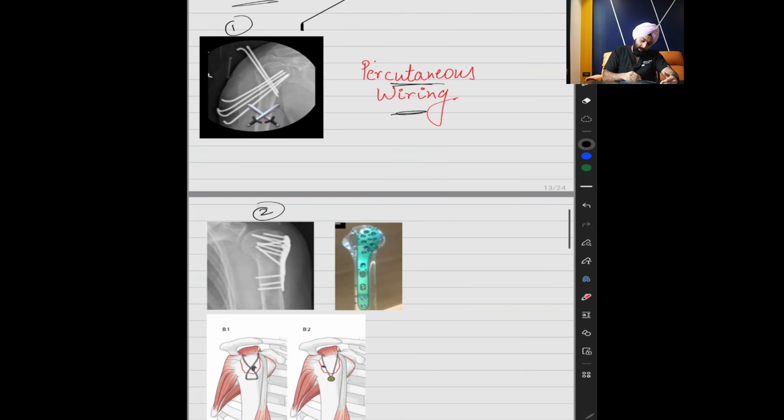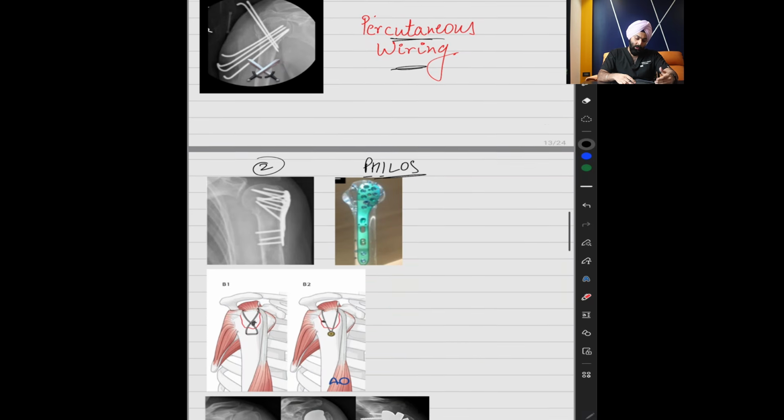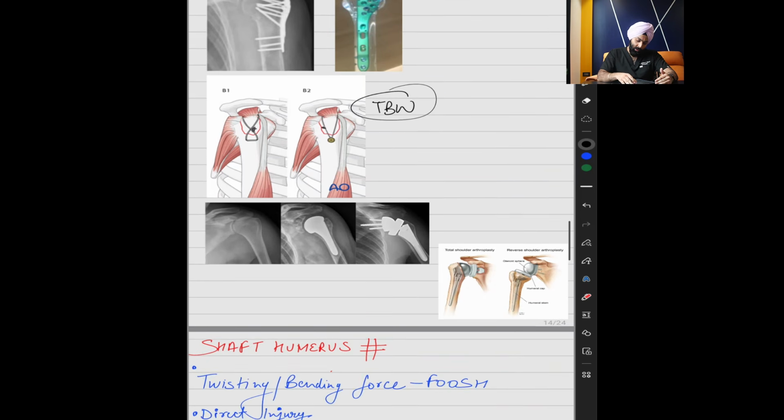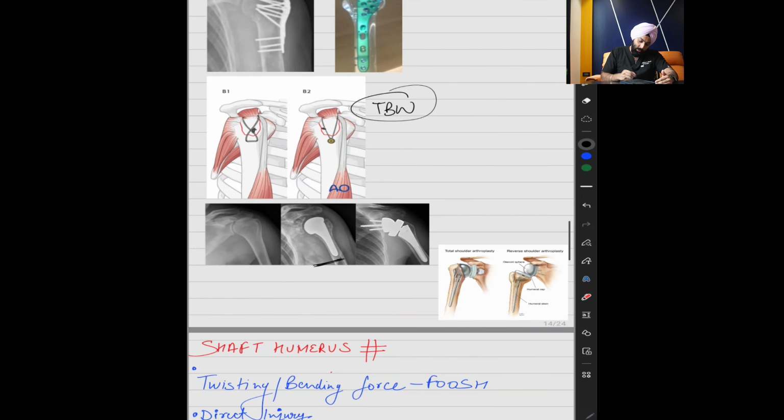This second is a PHILOS or a proximal humerus interlock system. So this is also treatment protocol. And यहाँ पर हमारे पास है TBW or the tension band wire. So in this basically the tensile forces are changed into compressive forces. So in this case we have shoulder arthroplasty.